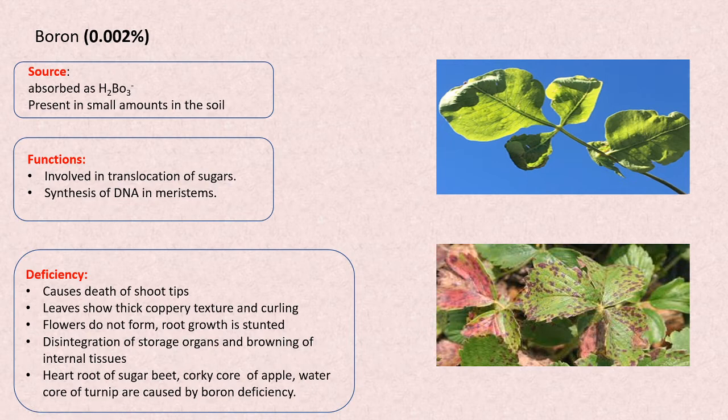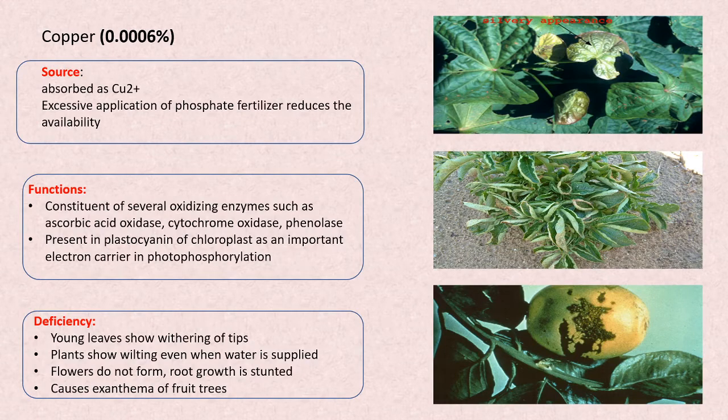We'll see heart rot of sugar beet and the corky core of apple, water core of turnip, and top sickness of tobacco are due to this boron deficiency. Okay. So this is about boron, and the next one is copper.